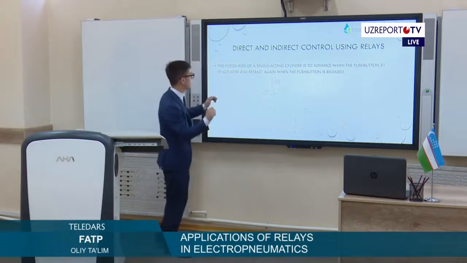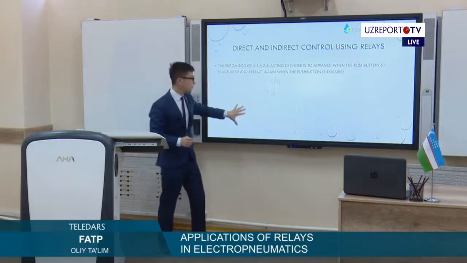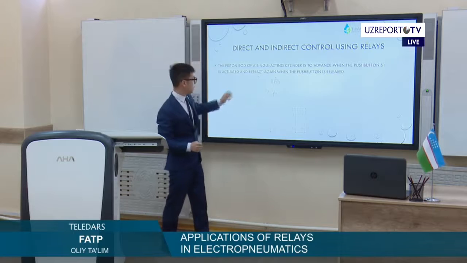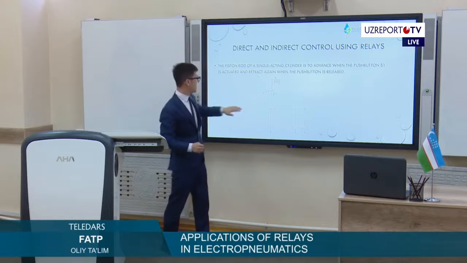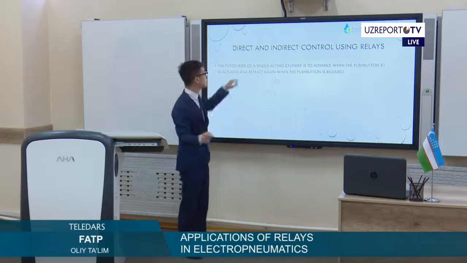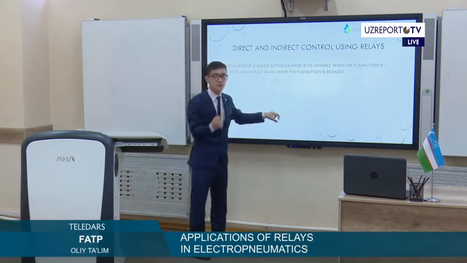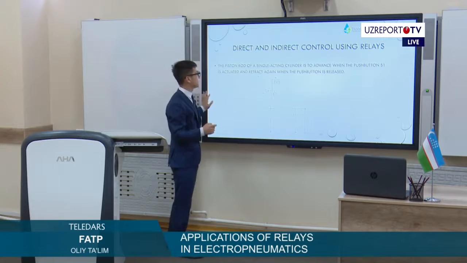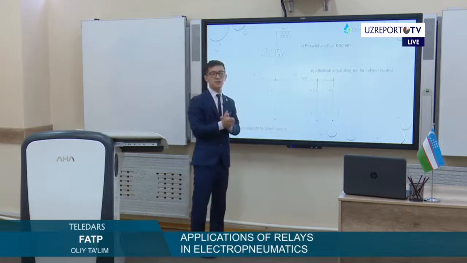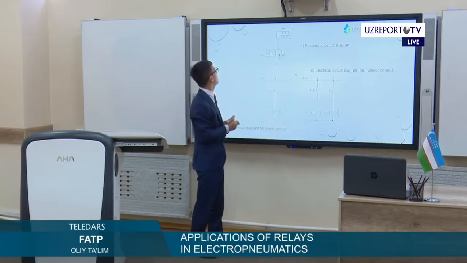Let's see it closer. Here is a scheme of the example we are talking about. A is a unit, a pressure machine, and B and C. B is the direct connection type of relay application, and indirect is C. Let's see it closer. First, dear students, let's pay attention to number 1A.